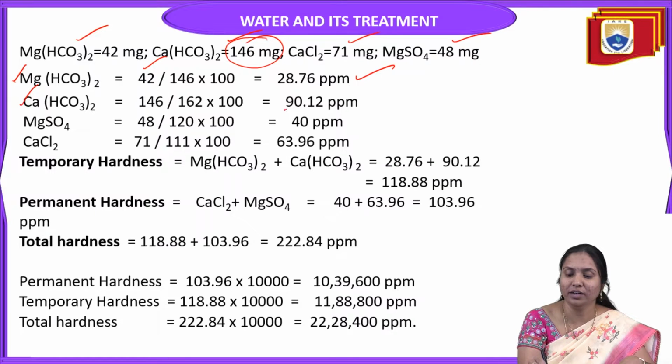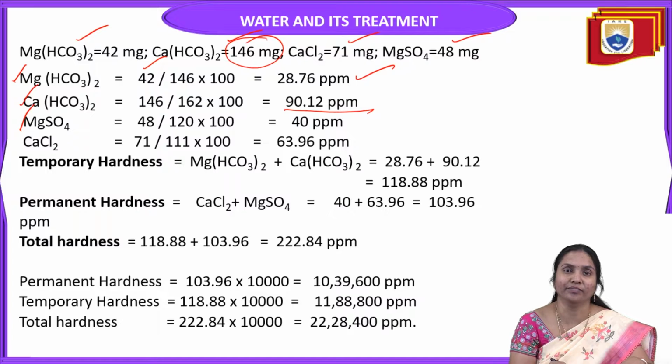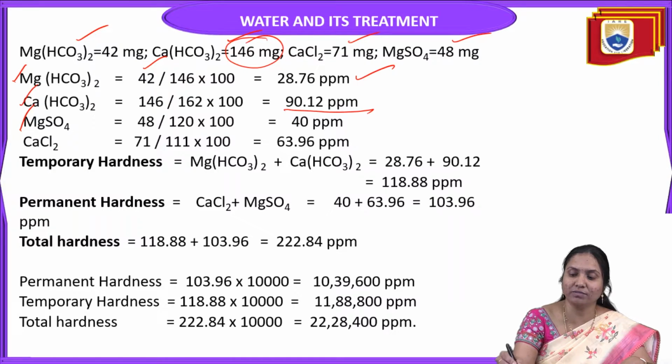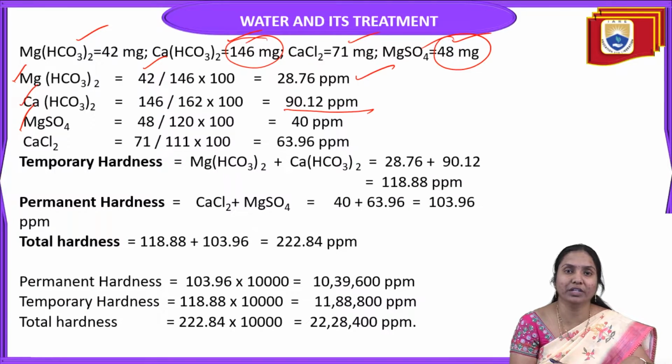After calculation, we get 90.12 ppm. Next, magnesium sulfate in CaCO3 equivalent. Weight of magnesium sulfate is 48, molecular weight is 120. So 48 by 120 into 100 equals 40 ppm.